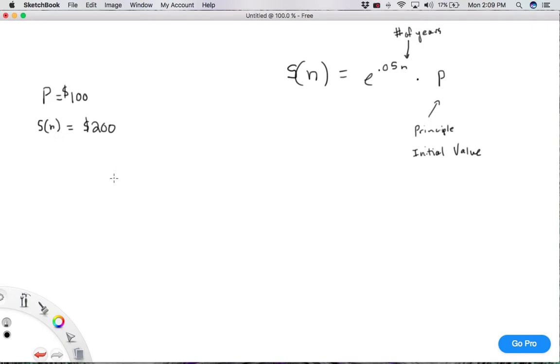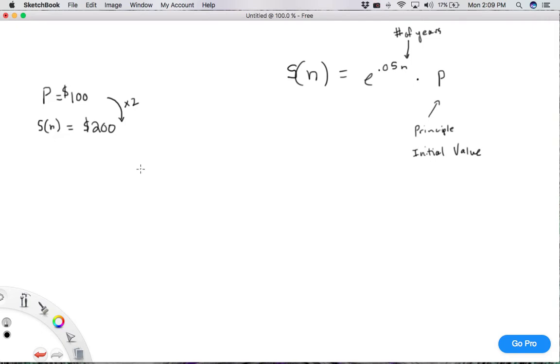But the thing is, you can pick any initial investment amount. You could have picked $1,000, you could have picked $1, you could have picked $26.50. It doesn't matter, as long as the final value has doubled, right? Because that's what they're asking us about.